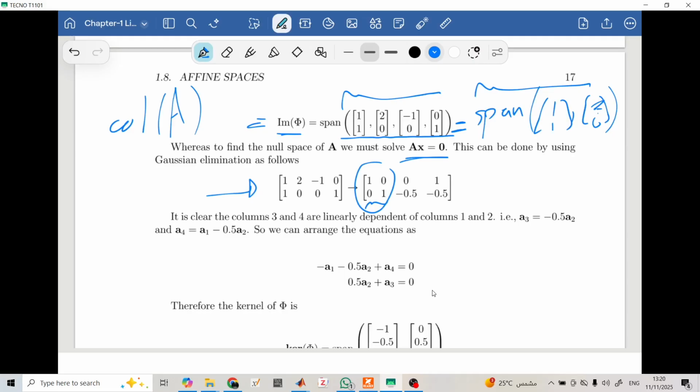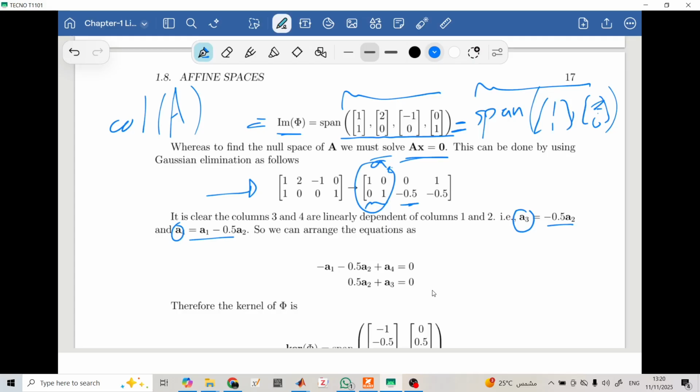So what we do is represent the dependent columns A3 and A4 by the independent columns. You can do it by just checking the matrix here. A3, which is this column, is actually A2 multiplied by minus 1/2. A4, on the other hand, has two elements, so we multiply A1 by 1 and A2 by minus 1/2, and we get A4.